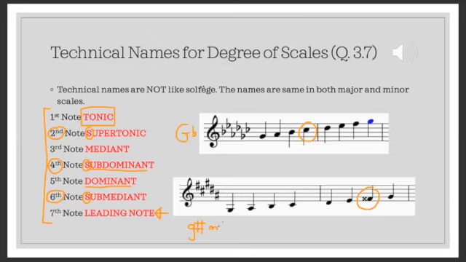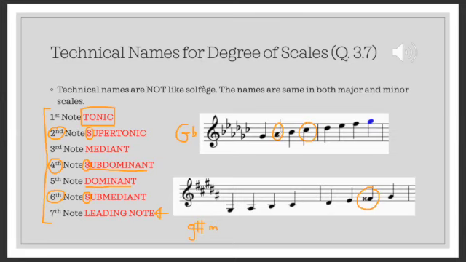If I ask you, what was the mediant note of a key or a scale, then you should be able to tell me. In the exam, the way they word it is, they will say, for example, an A flat is a supertonic of G flat major. True or false?